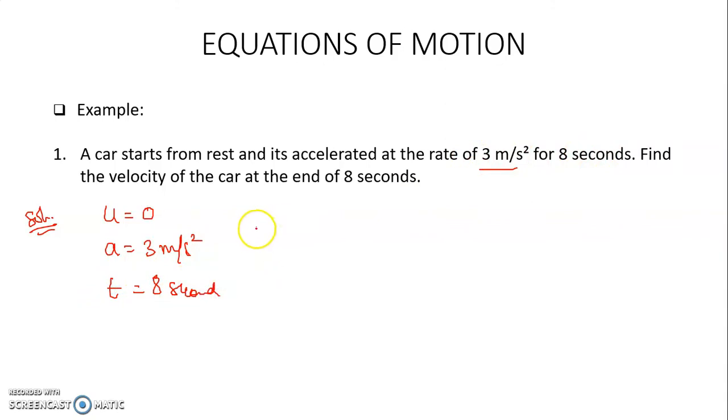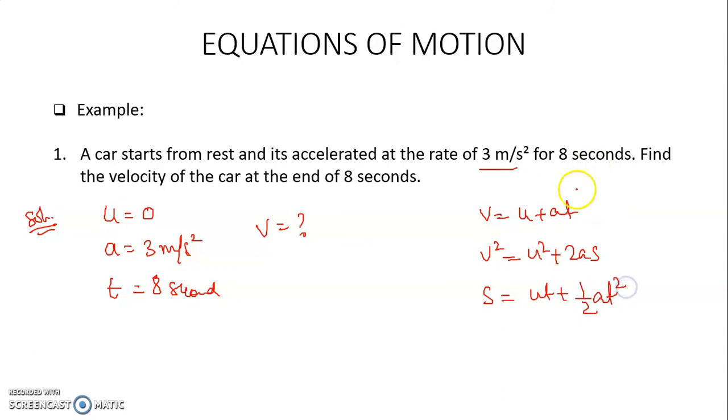What you have to find? You have to find v. So you just write all the equations of motion so that you can identify which one you have to use. Here I write all the 3 equations of motion so that you get an idea which one you have to use. So u, a and t are given, and you have to find v.